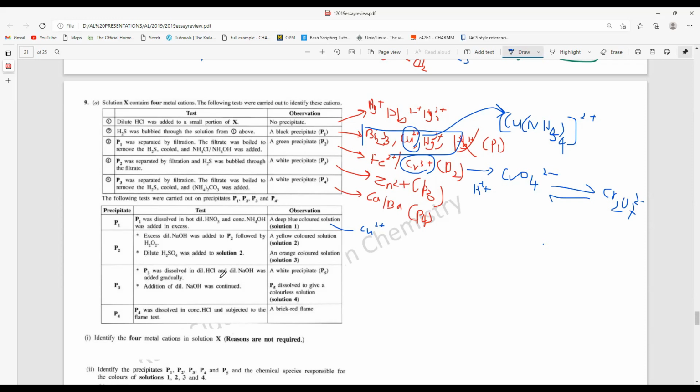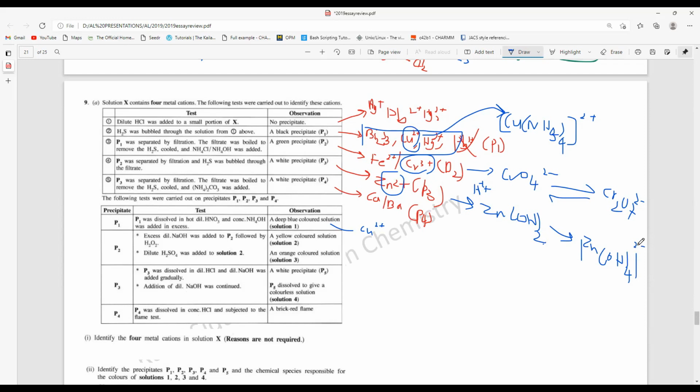P3 was dissolved in dilute HCl and NaOH was added gradually. We will have a white precipitate. So zinc will form the white precipitate, zinc hydroxide, and excess NaOH addition will solubilize this to form the complex [Zn(OH)4]2-.